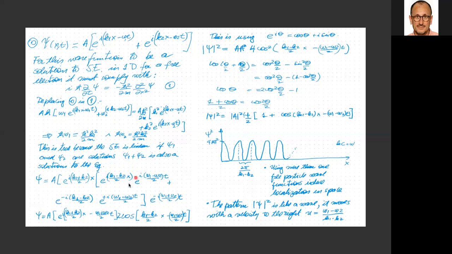Okay, so if this is the complex conjugate of this one, and they are exponentials, it means that I get a cosine function out of that, because it's twice the cosine of the argument here. What I'm just doing here is remembering the Euler relations: e to the i theta is equal to cosine theta plus i sine theta. Okay, so when I do that, I can rewrite this same expression as this one here.